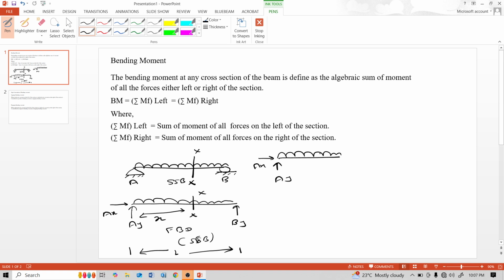Here C, and this is BY, with the uniformly distributed load.